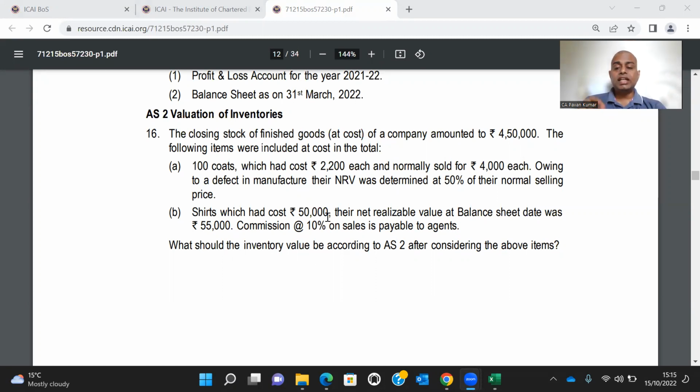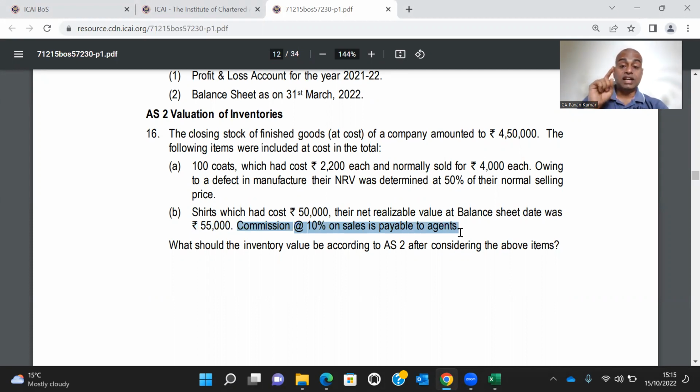Shirts which cost the company 50,000. Very good. Cost of the shirts 50,000. Net realizable value 55,000. Commission at 10% on sales. Now you tell me, do I need to consider this commission 10% or no?